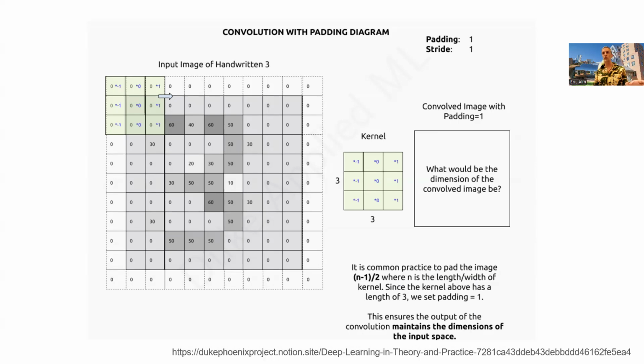Well, it's fewer than 10, right? If I start in position 1, I can only get to the point where the i plus 2 value of the kernel is 10, right? So I'm losing space along the edges, right?